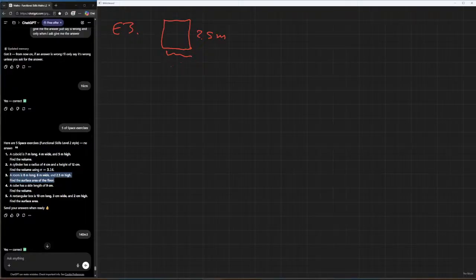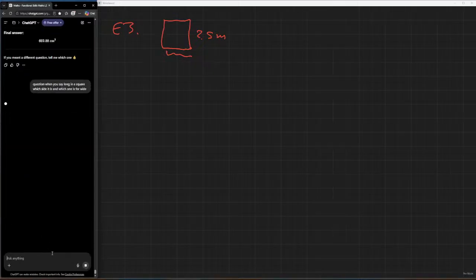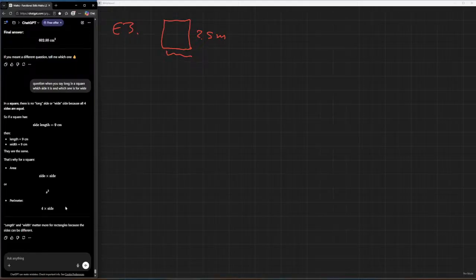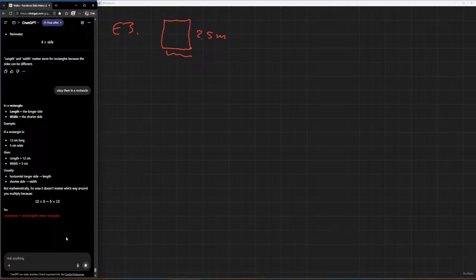When it says long, in a square, let's say, which side is it and which one is for wide? The longer side and the shorter side.